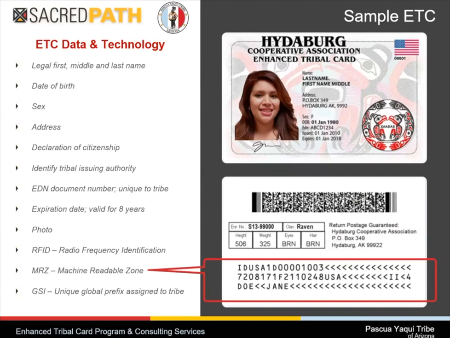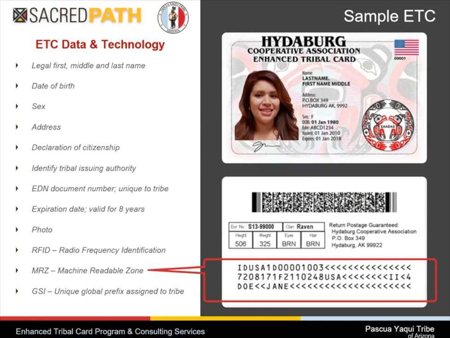You'll notice the area above the red box. That area is really up to the tribe on what they want to have printed. The possibilities, like Heidelberg, could include printing a band or a clan name, maybe possibly adding an IHS or Veteran Affairs number. You can also print your enrollment numbers, and that information is not shared with DHS, only printed.